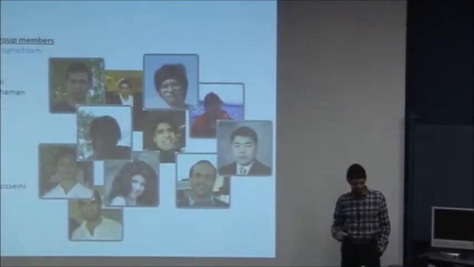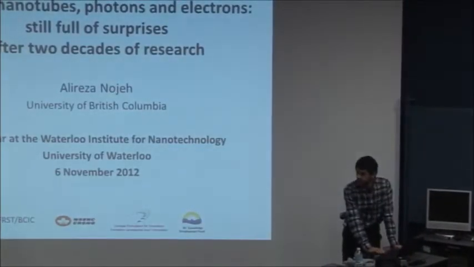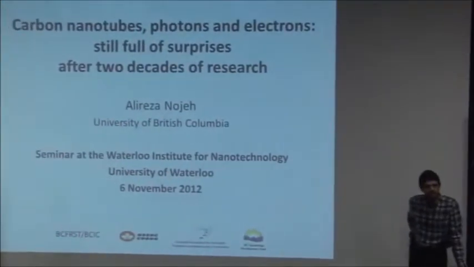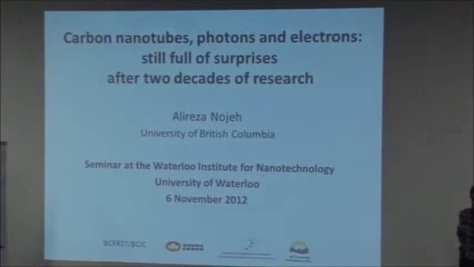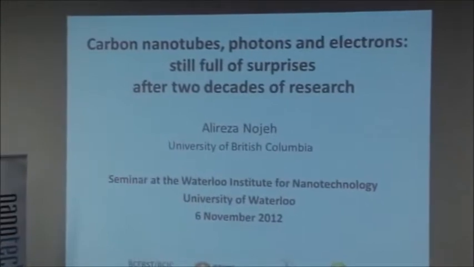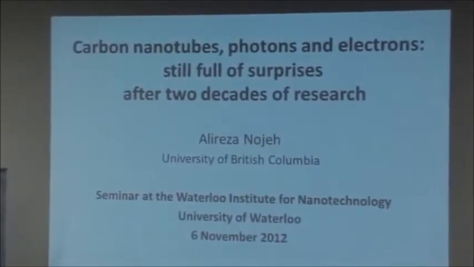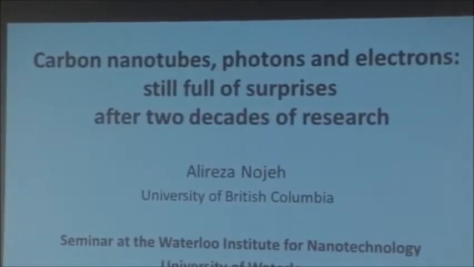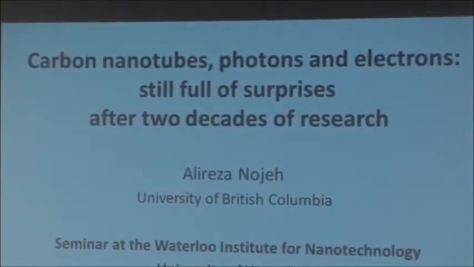So anyway, with the important stuff out of the way, now we can relax and talk a little bit about the technical things. Now, I called this talk "Surprises after 2 decades of research on carbon nanotubes." Carbon nanotubes are one of these areas where whatever you want to do, you feel like it's been done before. And people ask, oh, I've seen people having done that with nanotubes. On the other hand, whatever you try to do, you really see that there's still a lot to be done, and there's so much that we don't understand about them.